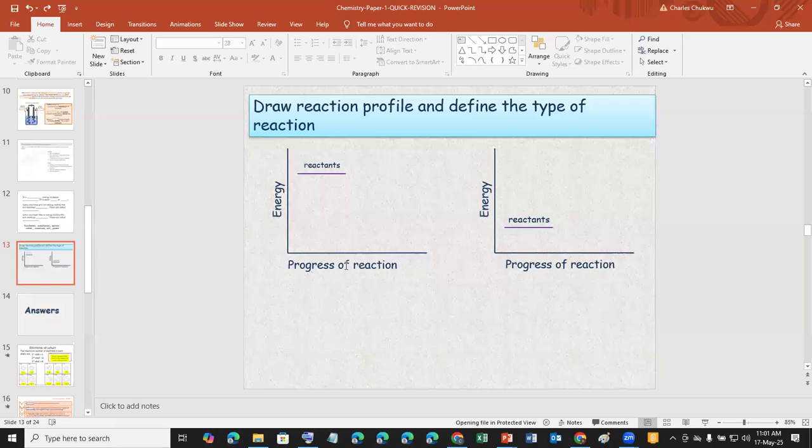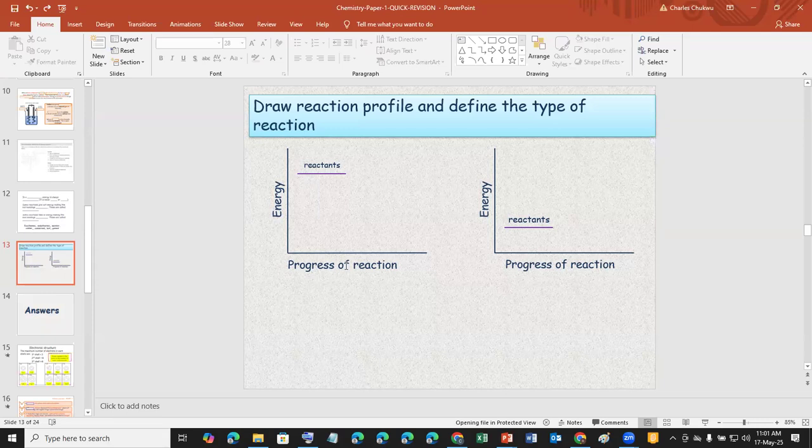Reactants will react together to form products. So for an exothermic reaction, it will give off heat, which means that that heat was originally inside the reactants at the beginning of the reaction.